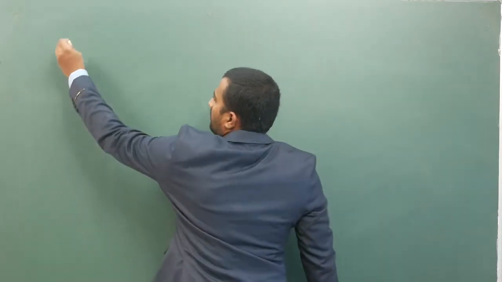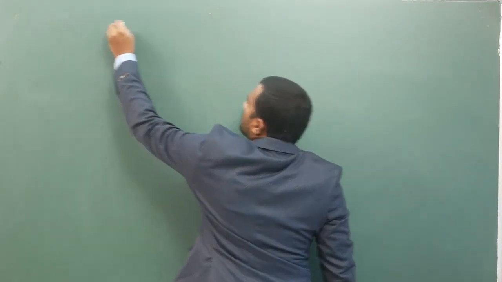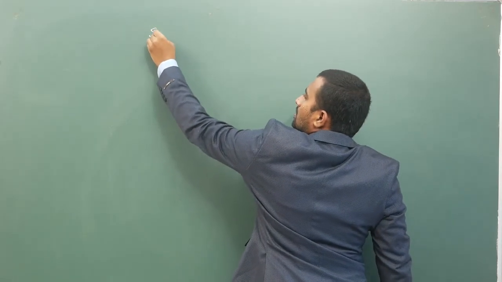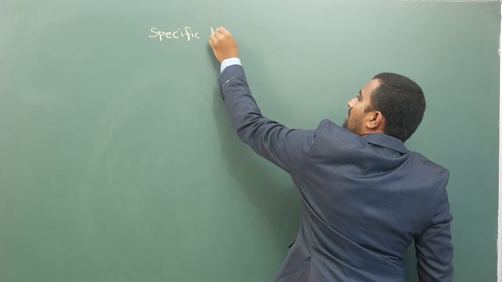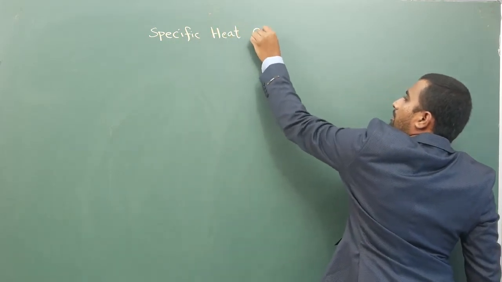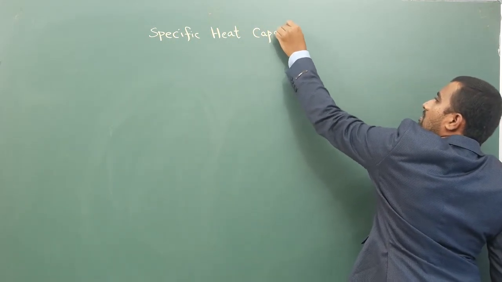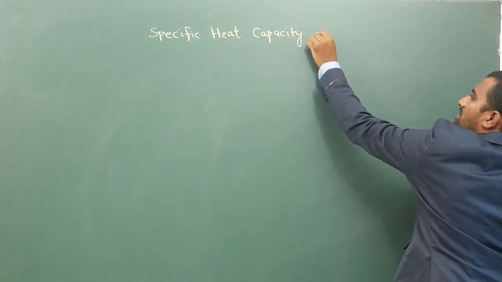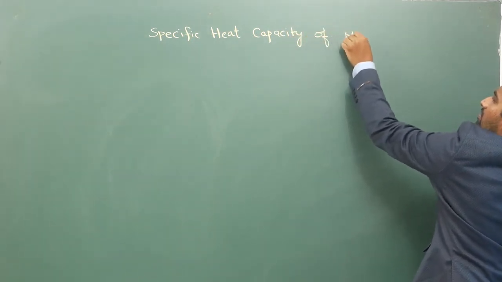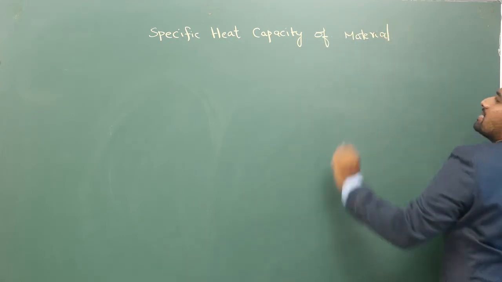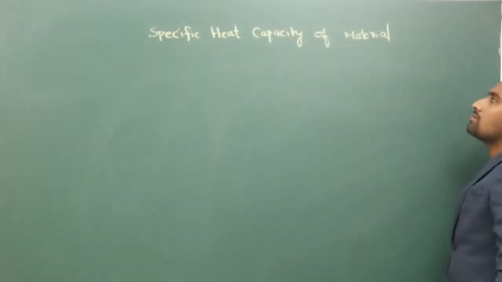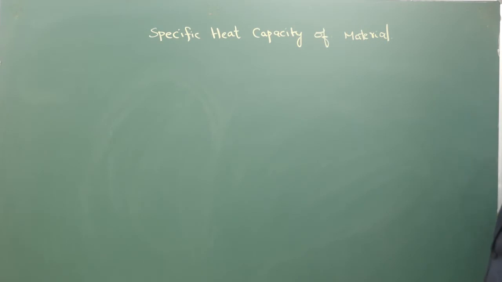The first term that we are going to see is the specific heat capacity of a material. Why did I write material? I will tell you. It's not substance, it is material.